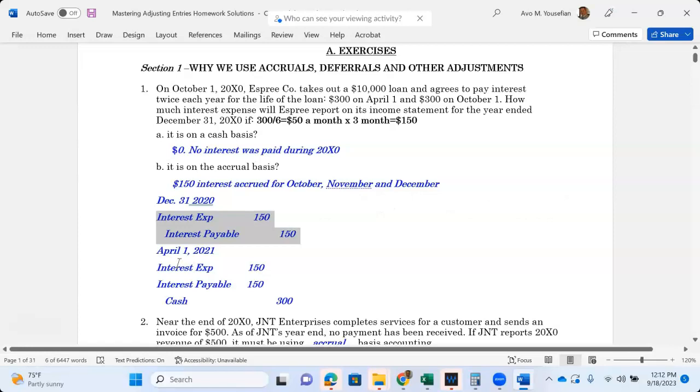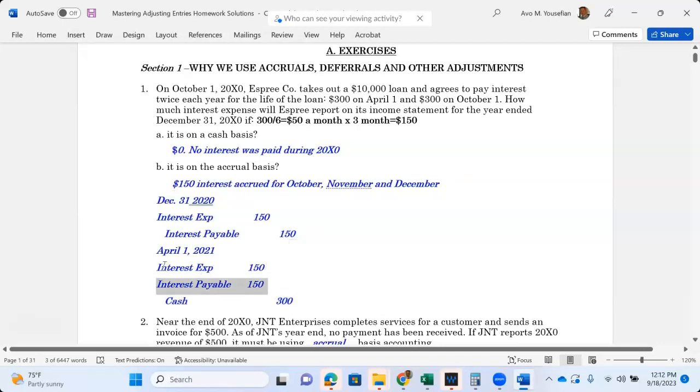However, in April 1st, you need to pay this, right? So you're going to write a check for $300 to pay the first 6 months interest. But you already recognized an interest payable here, remember? So you're going to close that interest payable by doing a debit.